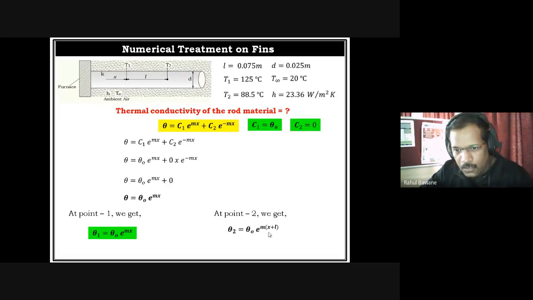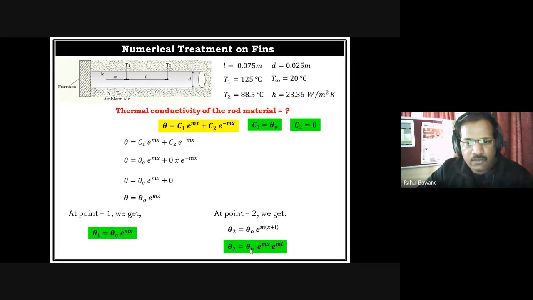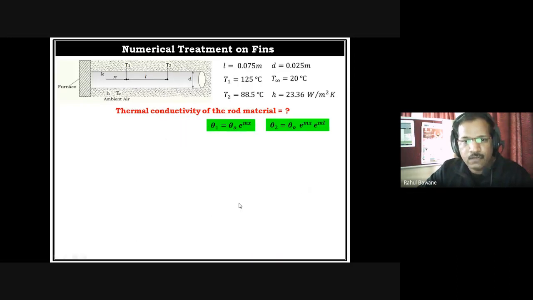Now we can simplify this. Theta 2 is equal to theta 0, and if I separate this power, it will be e raised to the power mx into e raised to the power ml. Now we have the theta 1 value and the theta 2 value. Theta 1 is for point 1, theta 2 is for point 2. Now we will go for a ratio of theta 1 and theta 2.